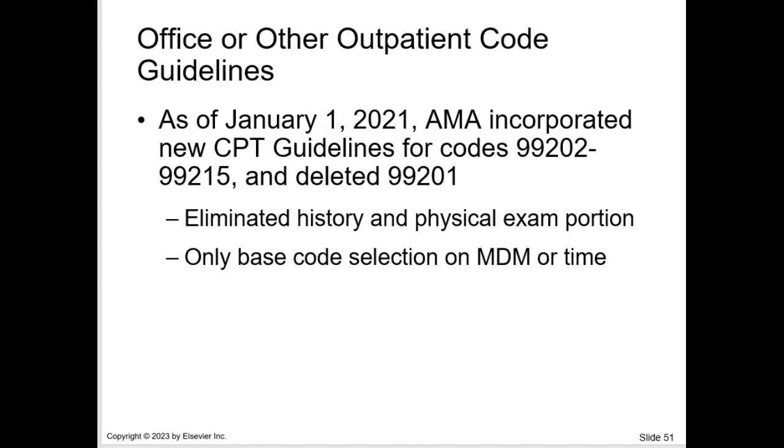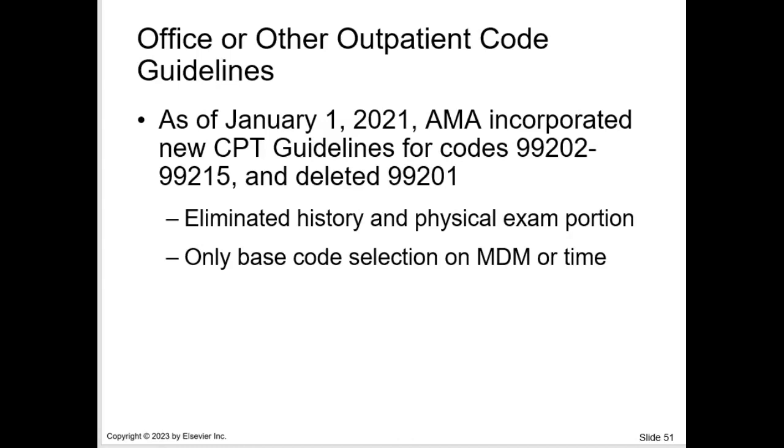So either your problems this semester are going to tell you the time or they're going to give you the level of decision making. This is an office visit. This is somebody who goes in and is seen for strep throat, hypertension, maybe diabetes, or they're going in because they have abdominal pain or bowel issues.